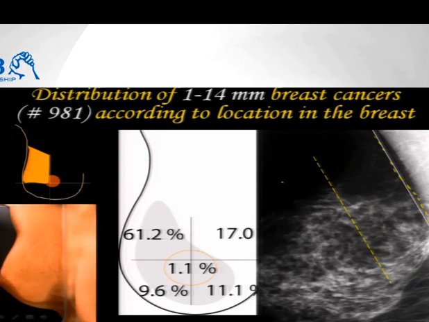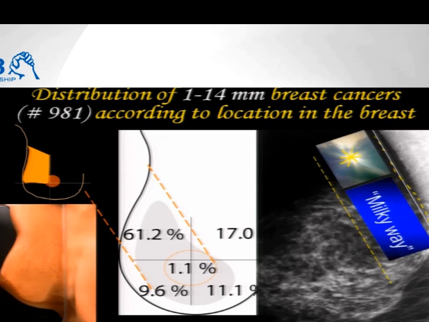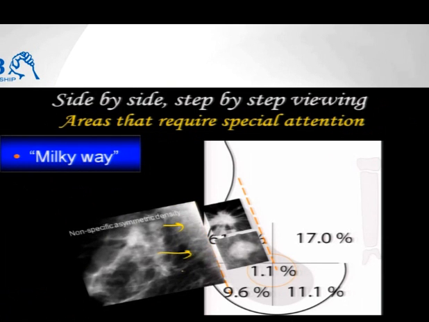You send me 2 mediolateral oblique projections for consultation, and I'm just sweeping this area, which is going to have what? Most of the stellate lesions. And out in the sky, a parallel path which has most of the stars, we call the Milky Way. Dear colleagues, this is where you look for stellate lesions, circular lesions, and non-specific asymmetric density.